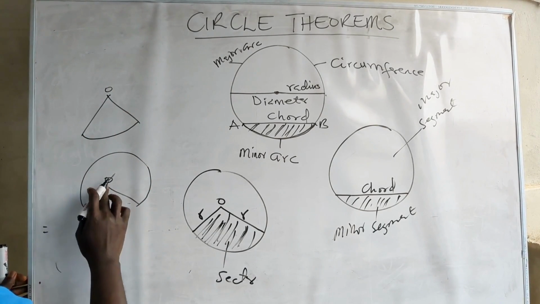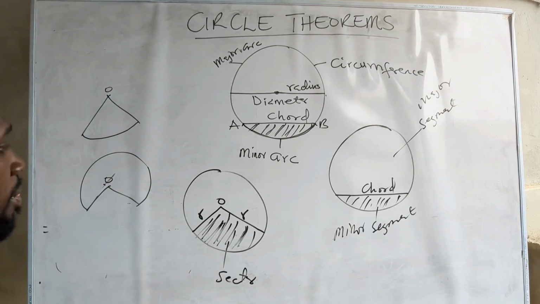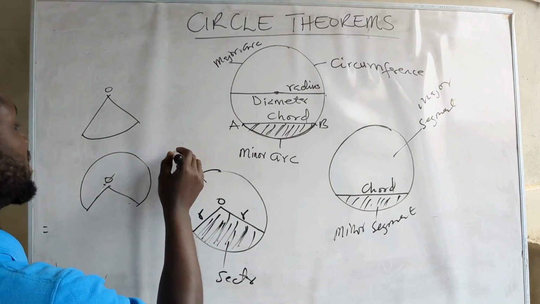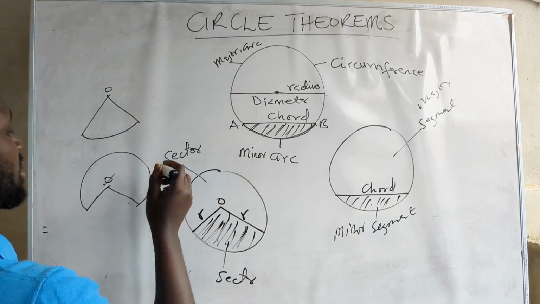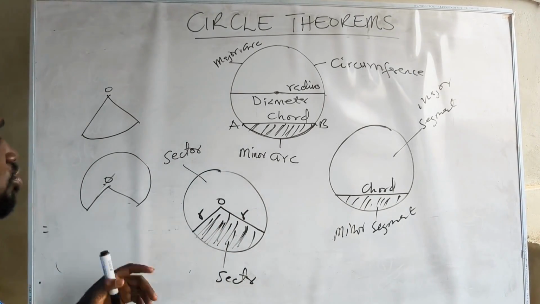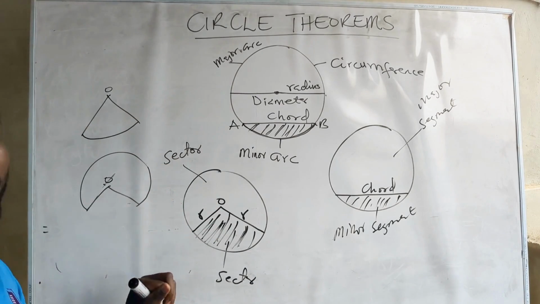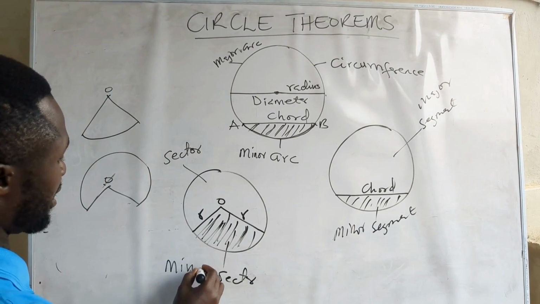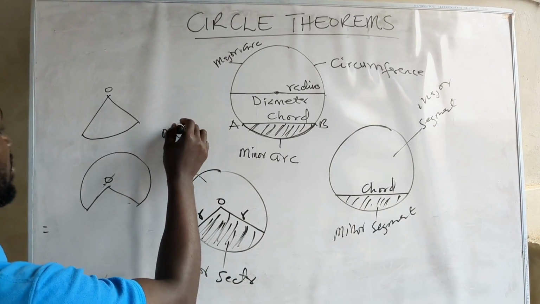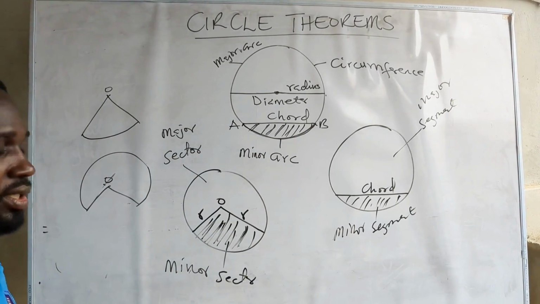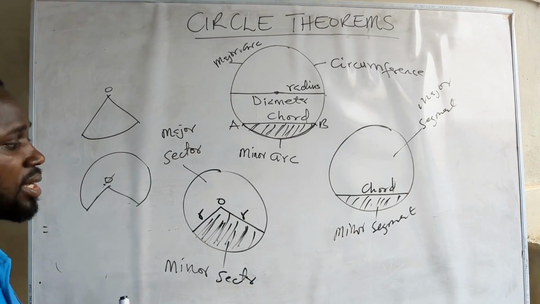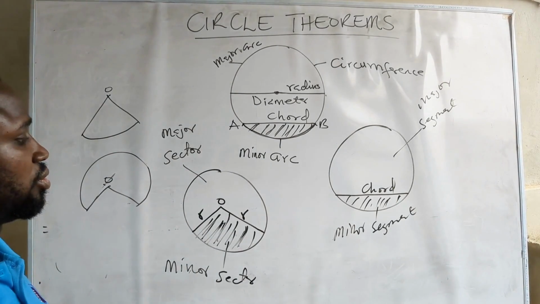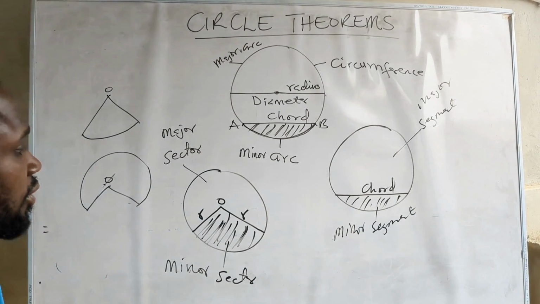O is the center. The shaded portion is a sector, and the unshaded is also a sector. A sector is formed by two radii, and it's a portion of the area of the circle. The smaller part is the minor, and the bigger one is the major. These are some key parts of a circle that we should take note of.